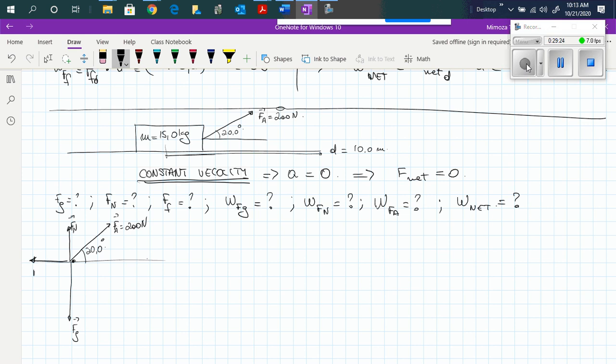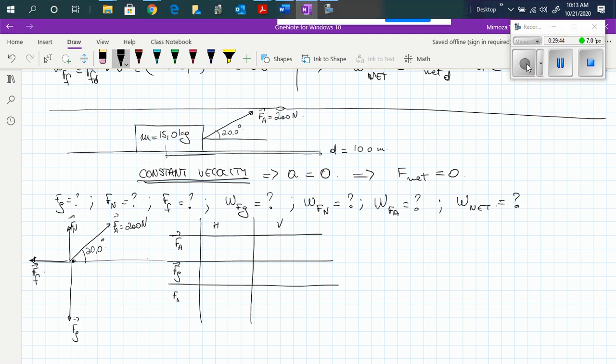And the calculations will tell us that this is the true one. So now let's do the horizontal and the vertical component of all the forces. Force applied, force of gravity, force normal, force of friction, and then we finish with force net.